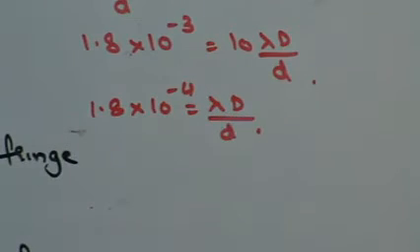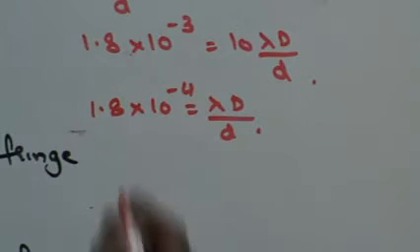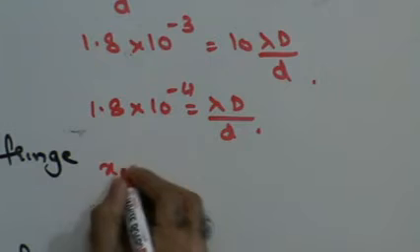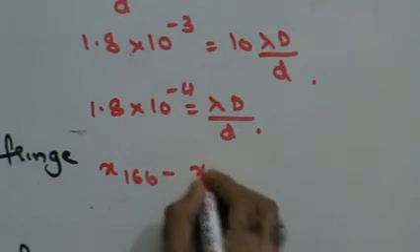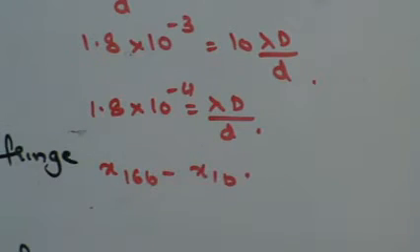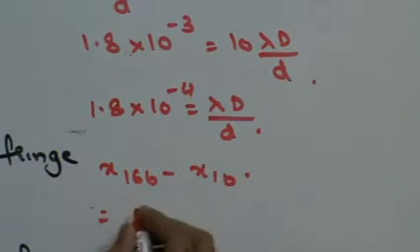Now they are saying that you have to find out the distance between the first and the 16th bright fringe when the light is replaced by a light of wavelength lambda by 2. I want to find out the distance between the 16th and the first bright fringe when the light is replaced.